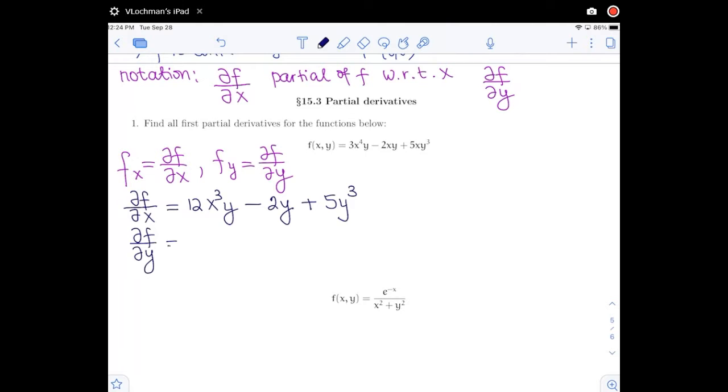And then the partial with respect to y. Now I'm going to hold x as the constant, y is the variable. I'm going to go back to my original function.